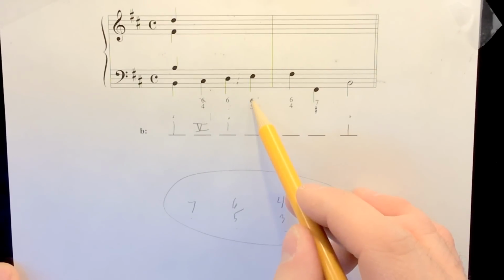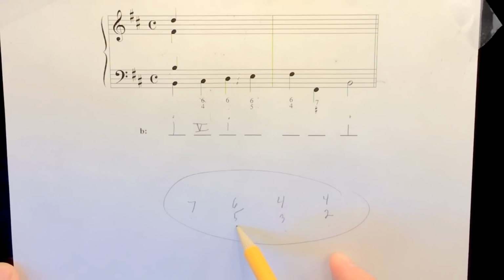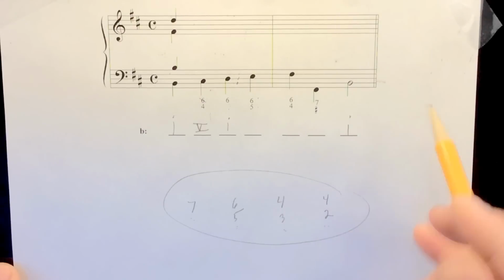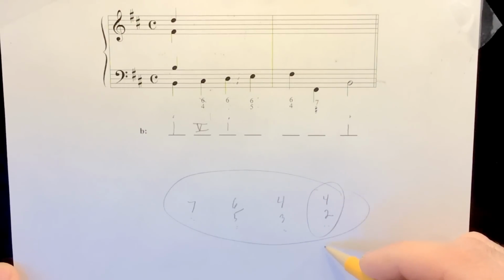So 6-5 is a 7th chord in first inversion. If you see a standalone 7, that means it's a 7th chord in root position, 4-3, second inversion, 4-2, final inversion. And this one, of course, the 7th is in the bass.